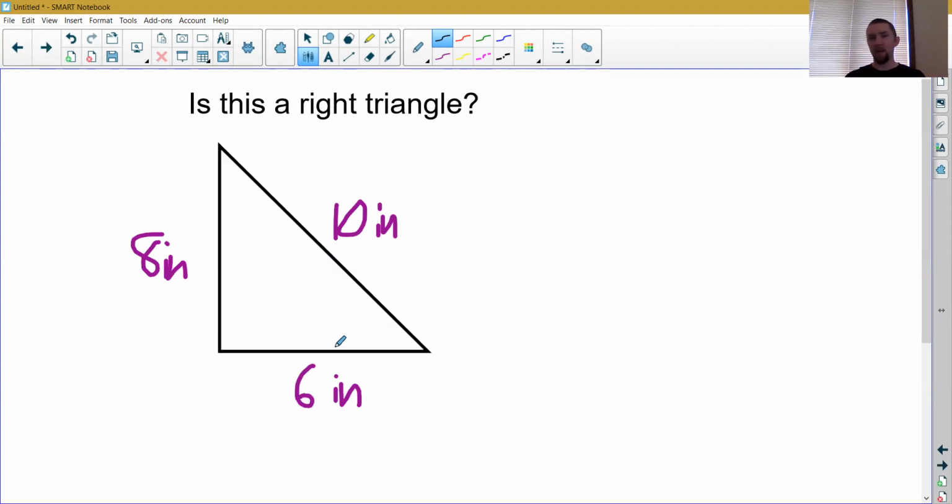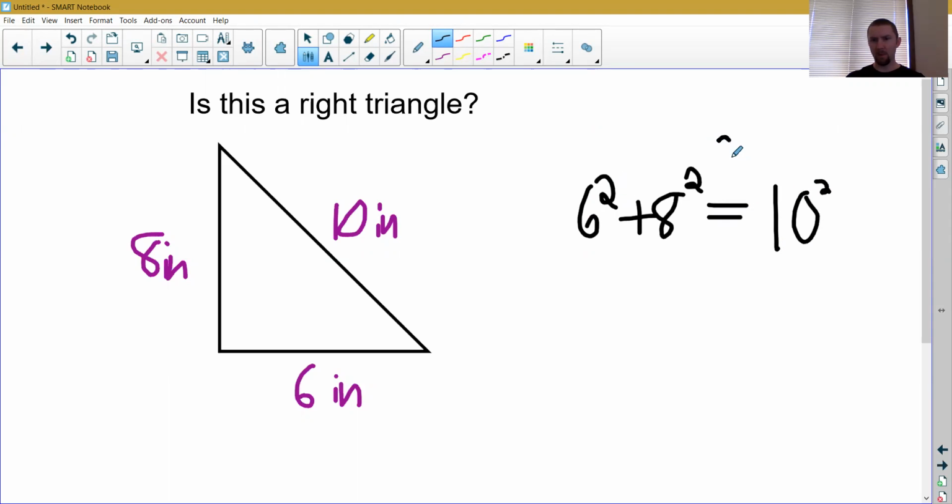I usually start with the smallest one just so that I have a routine. The longest side has to be the C value. So we're going to check if 6 squared plus 8 squared is equal to 10 squared.